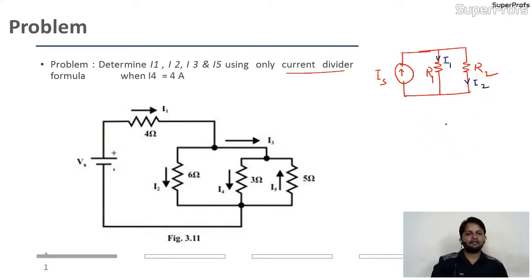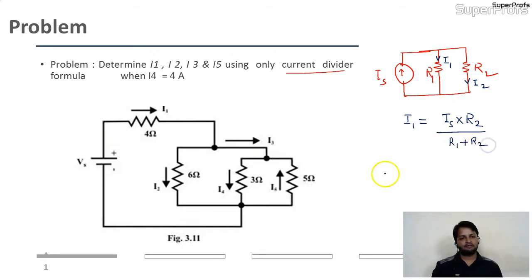Now, according to the current division rule, the value of this I1 will be the source current multiplied with the opposite branch resistance. Who is the opposite of R1? R2. Opposite branch resistance divided by the summation of resistances, R1 plus R2 simply. In the same way, we have the formula for I2 also.